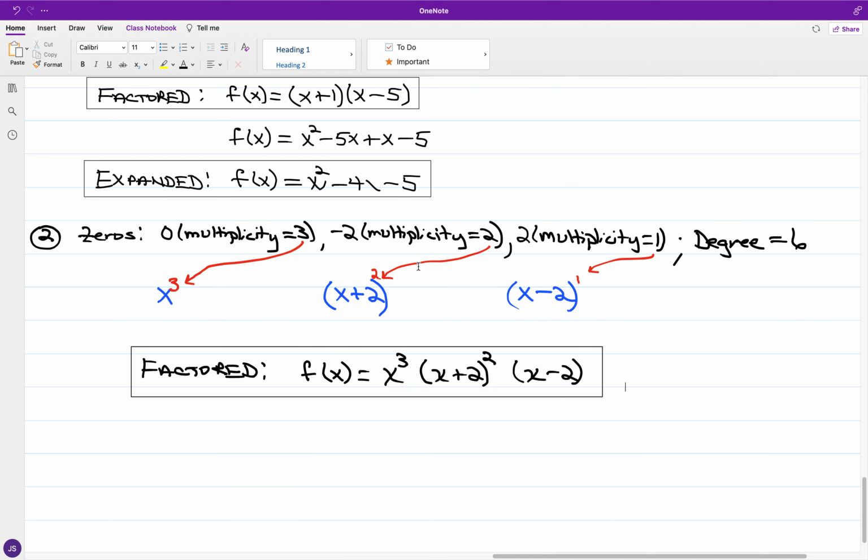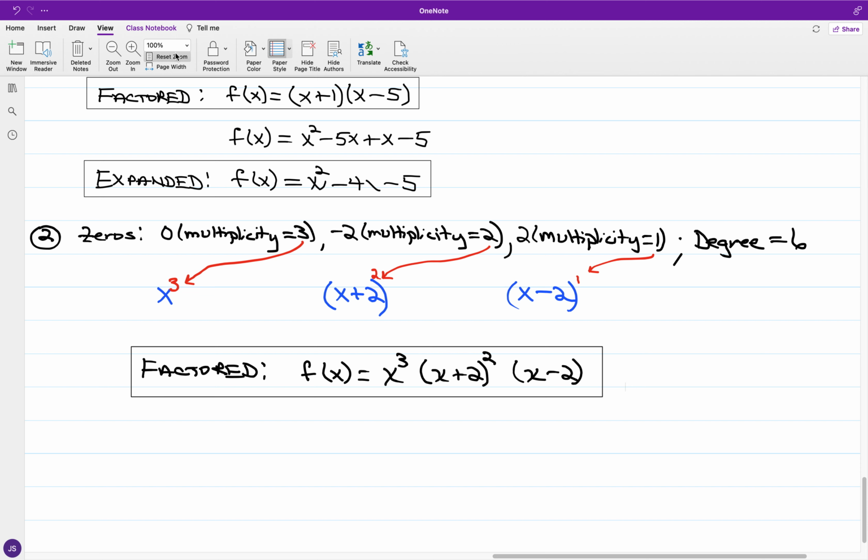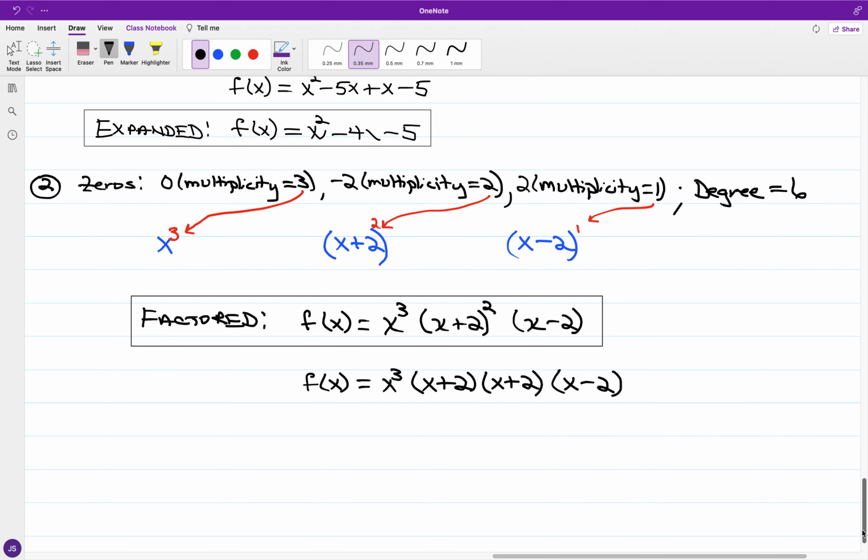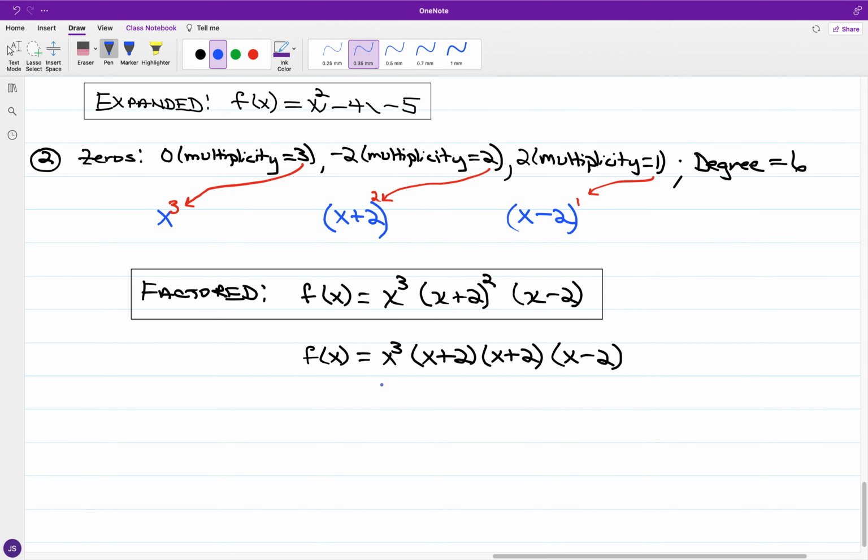And to get to the 6th degree explicitly, I'm just going to expand on out. Okay, so we have x cubed, and we've got the square of x plus 2. So I'm just going to write this in terms of multiplication. That times x minus 2. And there's no one right way to go about this.